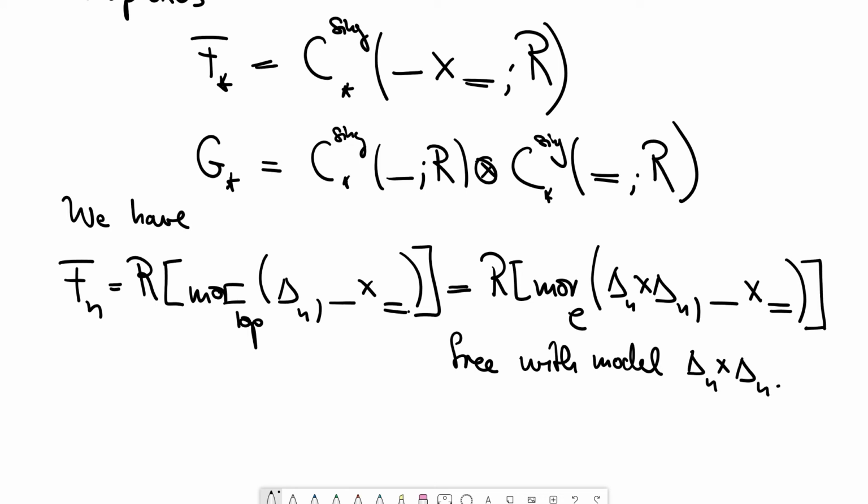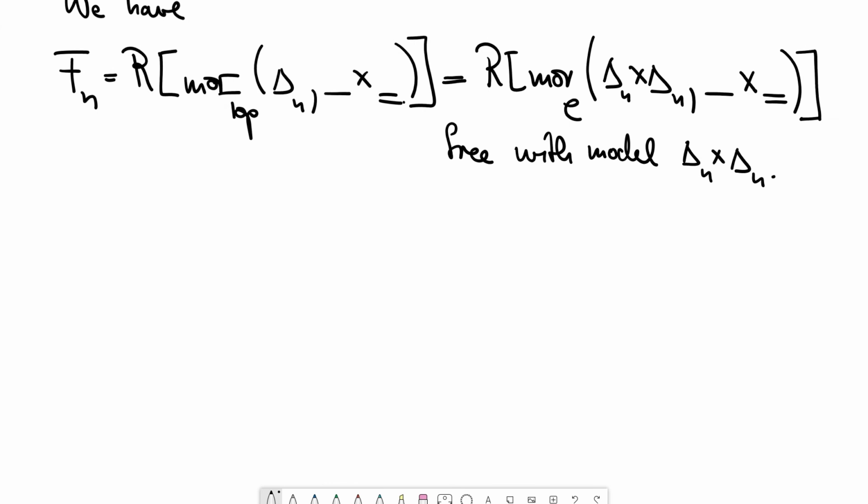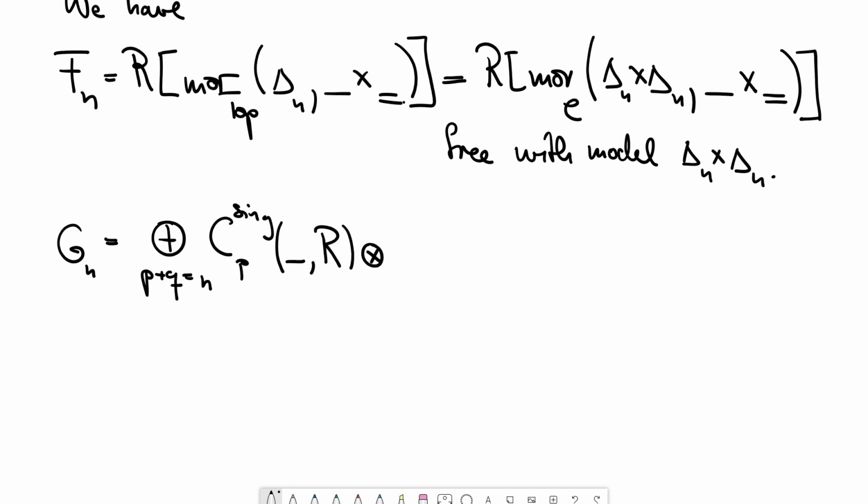What about G? So G_n, what is G_n? Well, this is a direct sum. This was the tensor product. And let's spell it out.